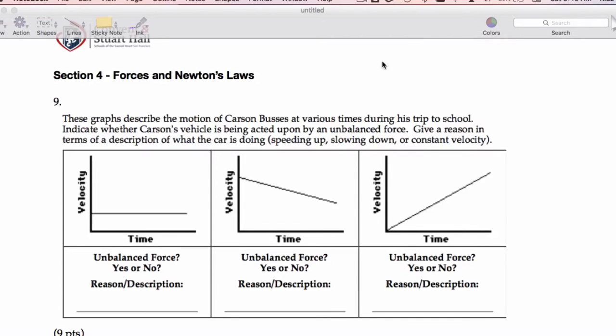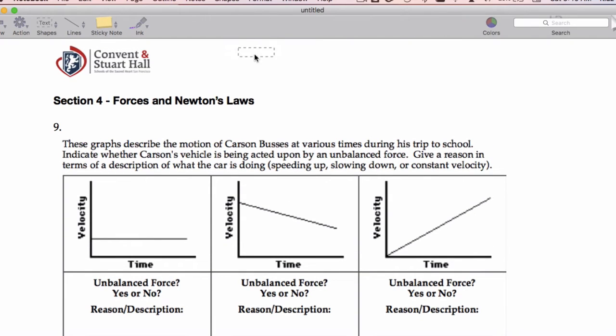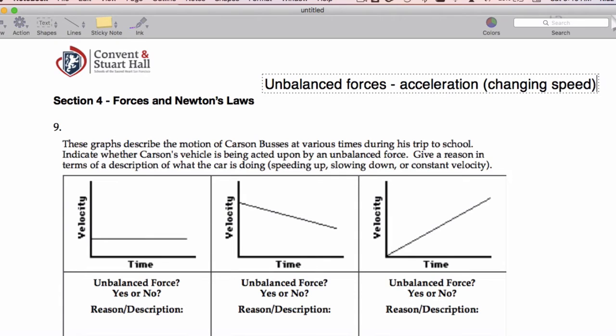All right, so we are moving on to our discussion of Newton's laws and forces. Now, a couple facts just to summarize first. Let's note that unbalanced forces always mean acceleration. And just for our purposes, this means changing speed.